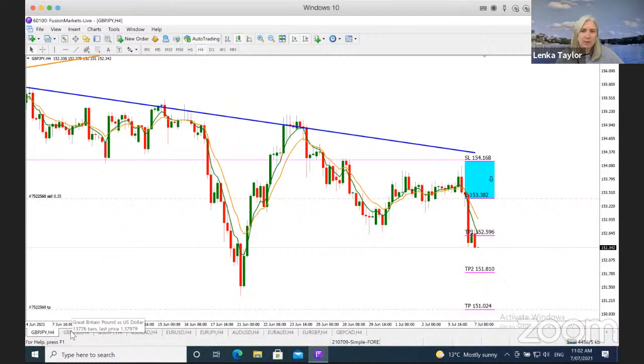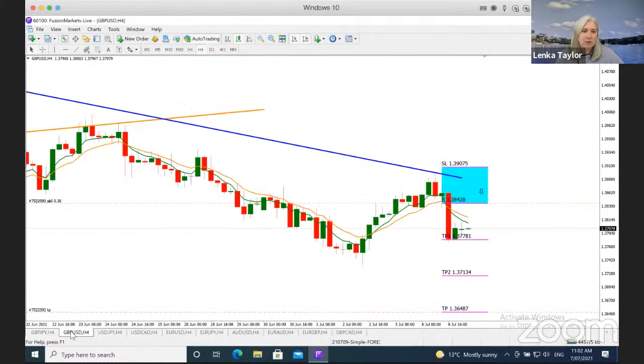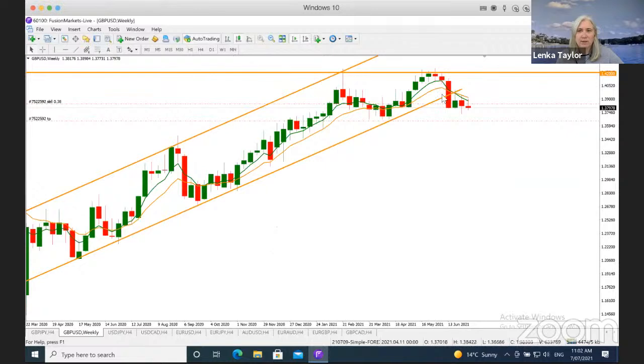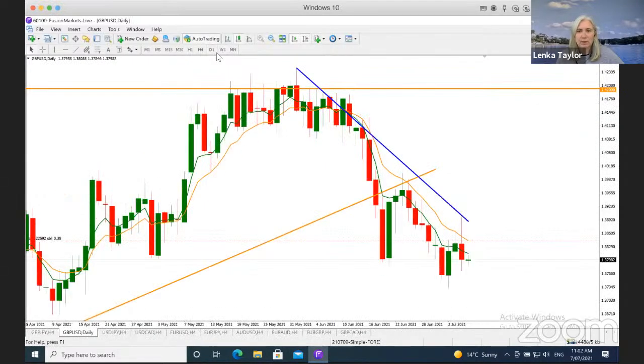The next currency pair I'm going to have a look at is GBPUSD. GBPUSD has been going up for quite some time, hit that resistance, and now it's looking at reversing. So in terms of the direction, I'm now looking for a short. Daily has been going down for a little while.